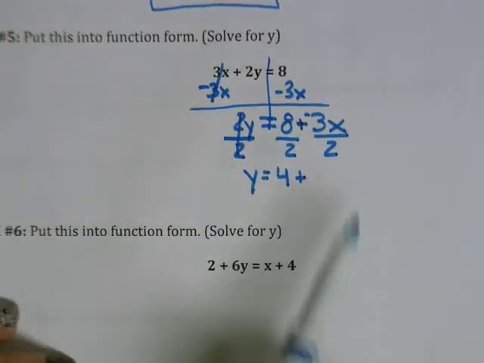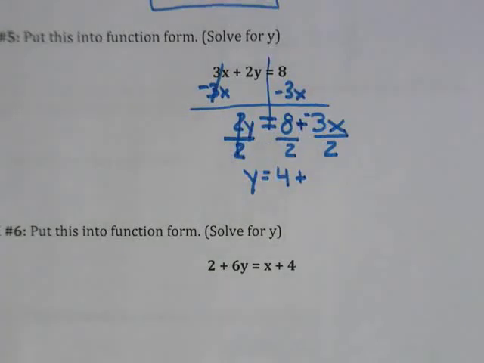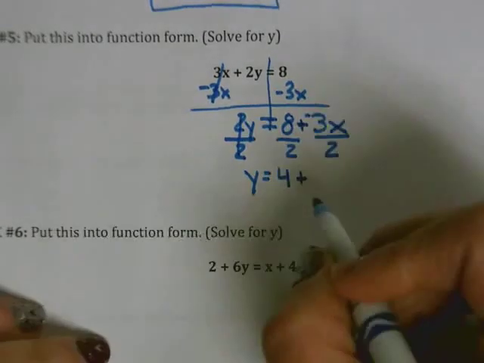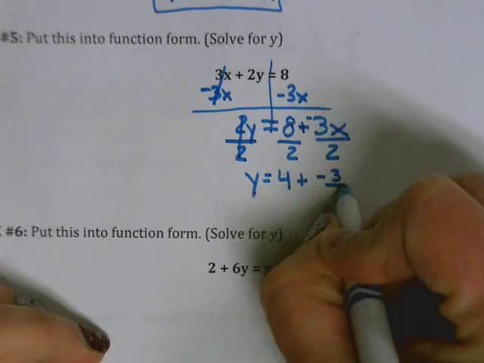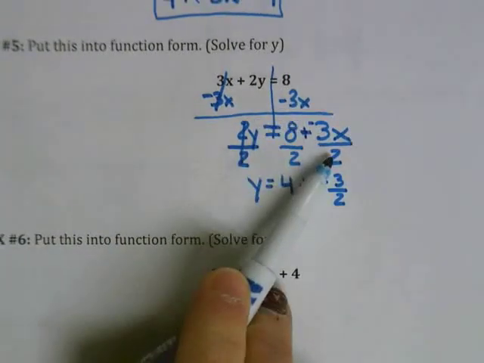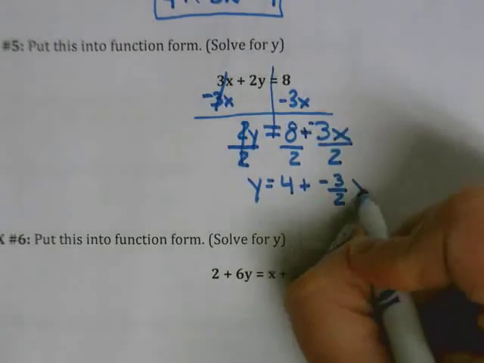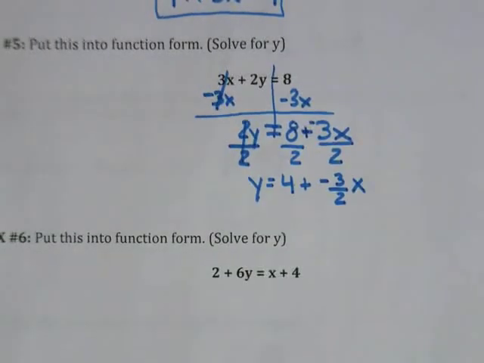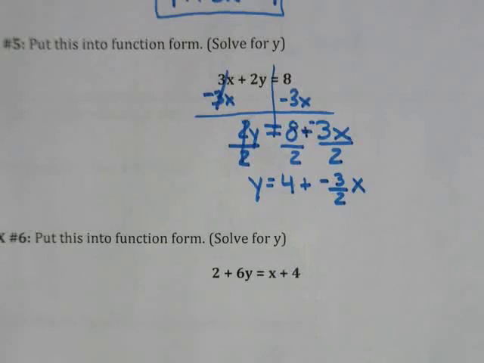Now this one, negative 3 divided by 2, is that going to be a whole number? No. So I've got a couple of options. The first is I can actually just leave it as a fraction. I can say, negative 3 divided by 2 would be negative 3 halves. Because a negative divided by a positive just makes the whole thing negative. So negative 3 halves and then the x. And I could leave it like that. If I wanted to leave it an improper fraction in this case, I could.